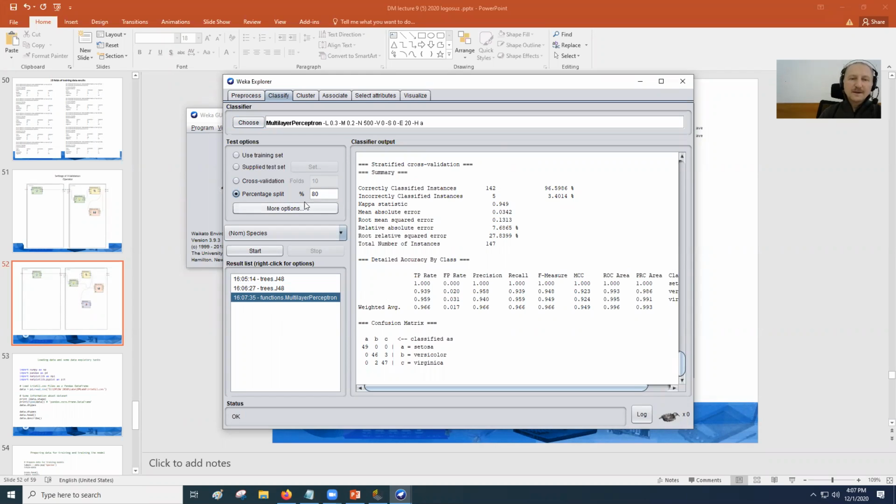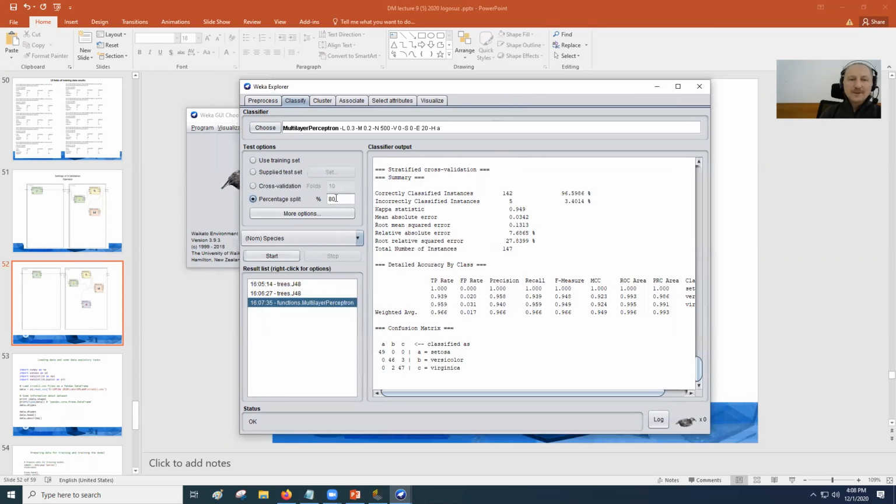Or according to the holdout validation method, 80% of the data will be used for training and 20% for testing. Again, the Iris flower dataset is not a big dataset, that's why I am not using 70%. I am using 80% for training to give more chance for better training of my model, and 20% of the data will be used for testing and reported here.